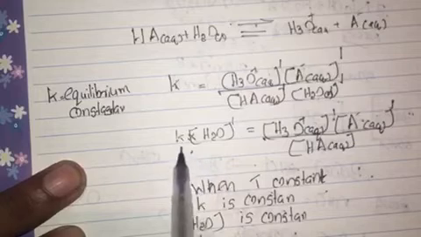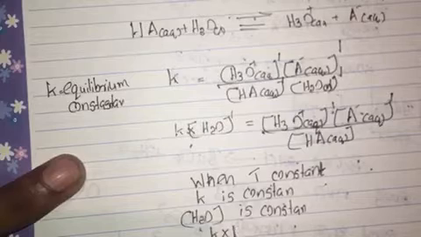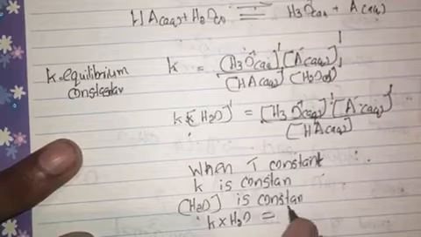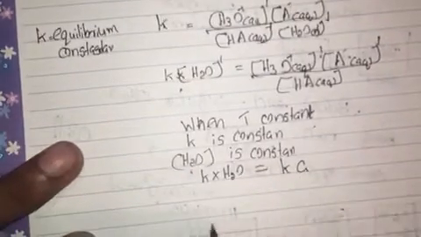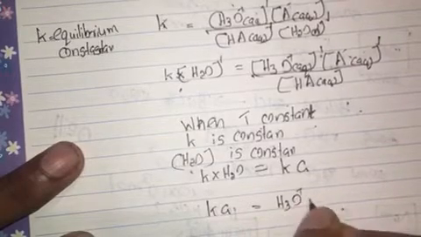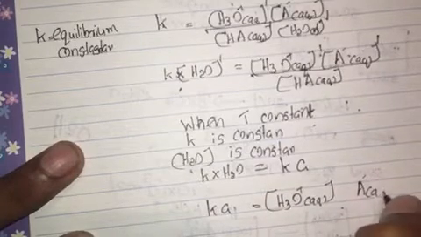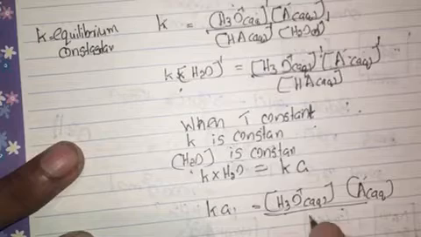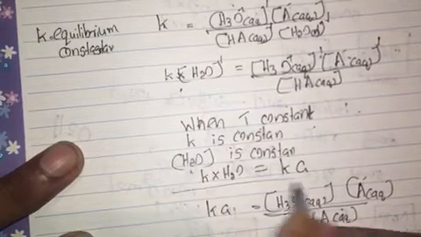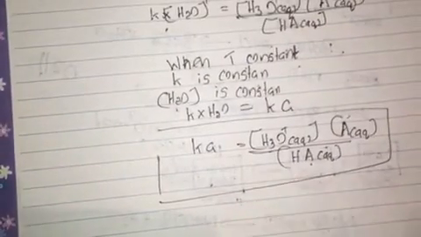Therefore, multiplication between two constants gives one constant, and this constant equals Ka. Therefore we can write Ka equals [H3O plus](aq) [A minus](aq) over [HA](aq). This is the equation we use to calculate.